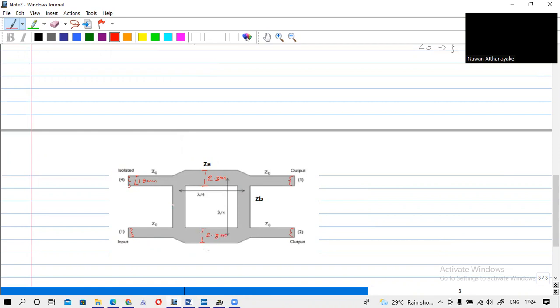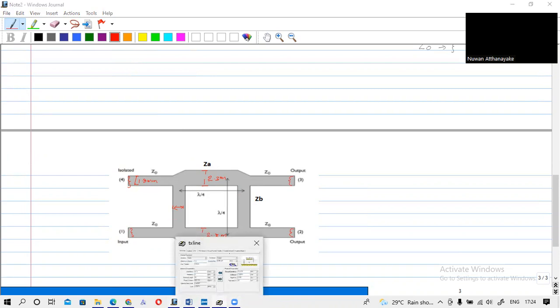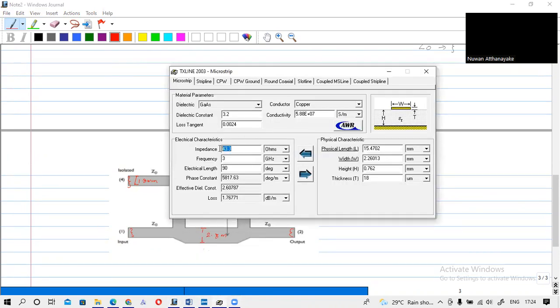Let's find the high impedance line section width, that means this width. You have to insert the high impedance.